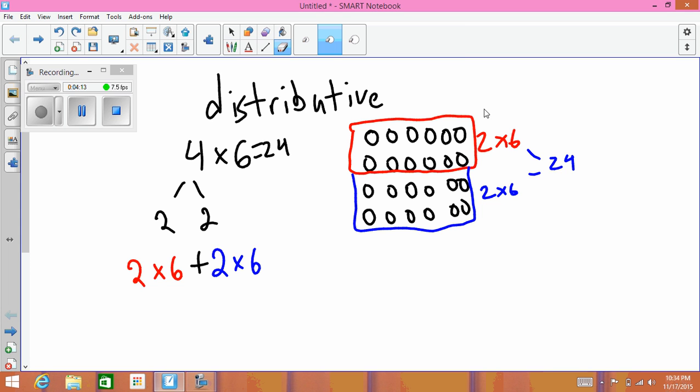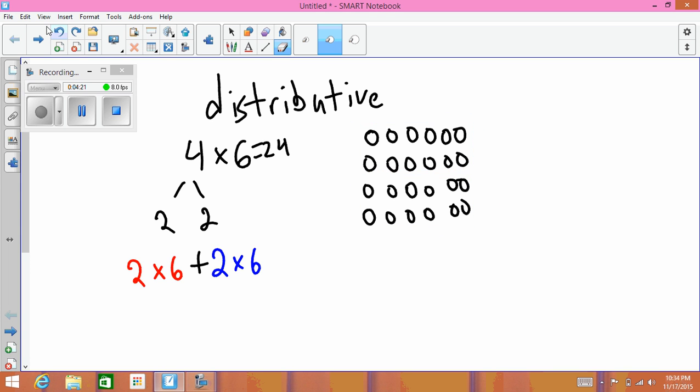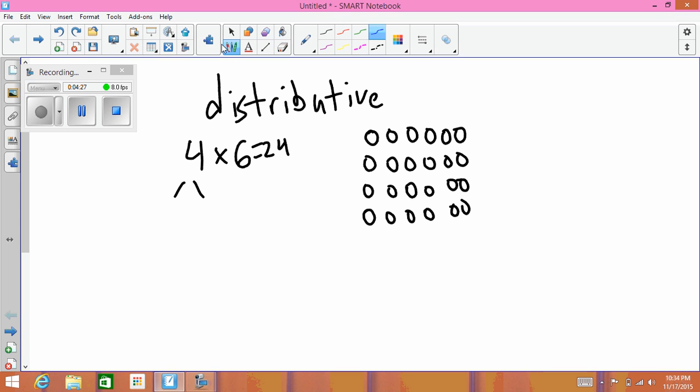Okay, so let's look at this using a different decomposition of the original factor. Let me backtrack a bit. Let's change this from 2 and 2 to a 1 and a 3, because 1 plus 3 makes 4.